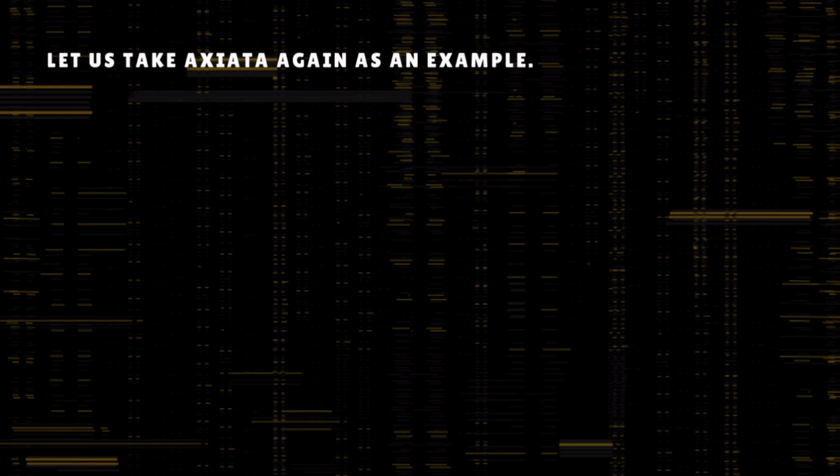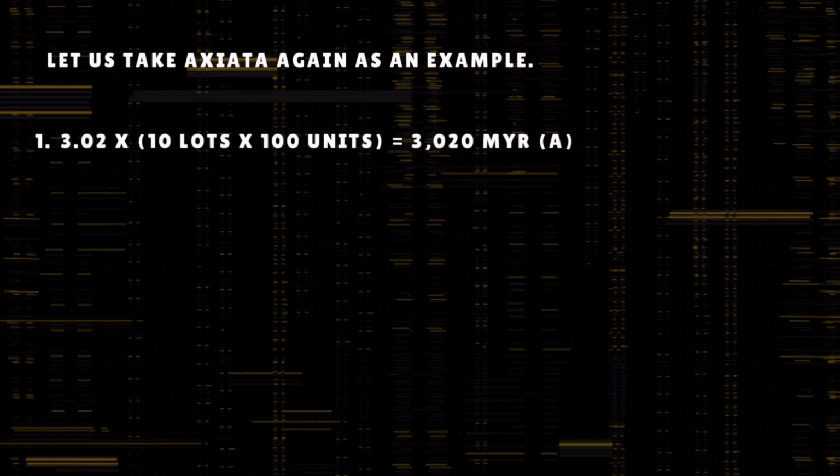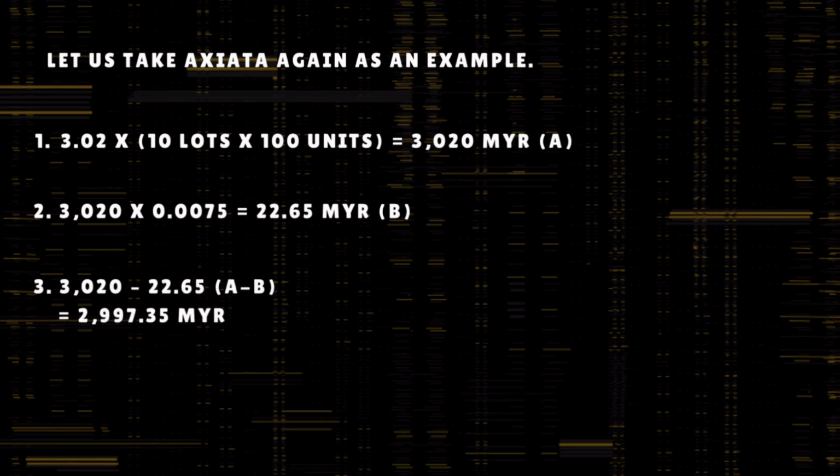Let us take Axiata again as an example. Number 1, 3.02 times 10 lots times 100 units equals 3,020 Malaysian ringgit. Number 2, 3,020 times 0.0075 equals 22.65 Malaysian ringgit, B. Number 3, 3,020 minus 22.65, A minus B, equals 2,997.35 Malaysian ringgit.